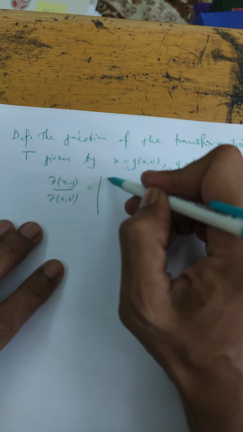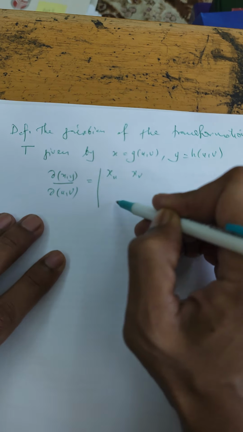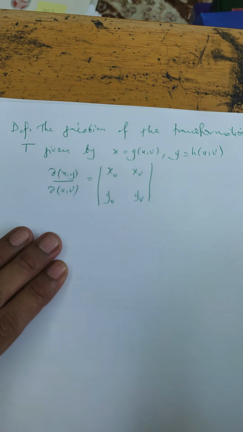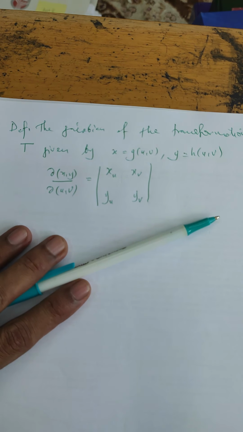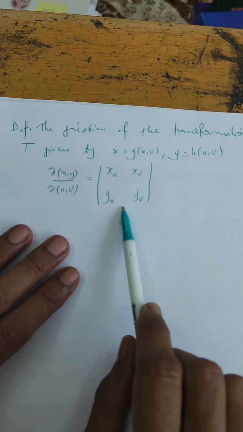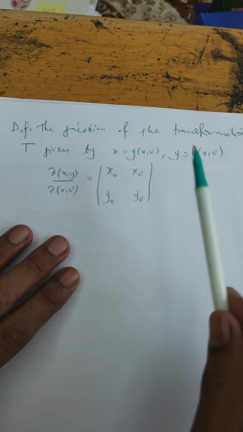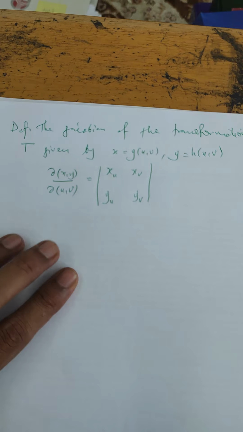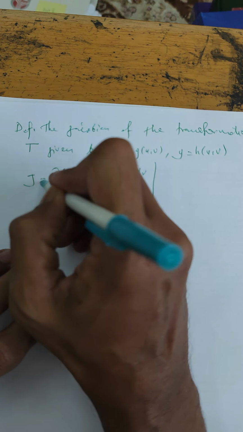I can write this as the matrix with rows xu, xv and yu, yv. You just find the determinant of the 2 by 2 matrix. So this is the Jacobian of the transformation.